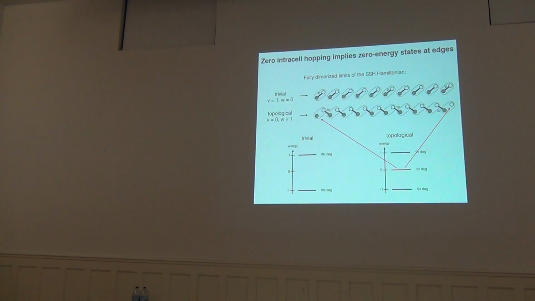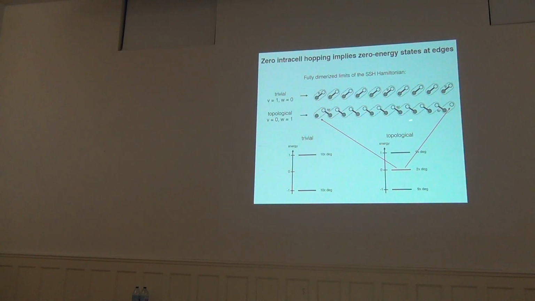On the other hand, if I go to the other limit, which I was calling topological for no reason beforehand, that means I set the intracell hopping to 0 and the intercell hopping to 1, then this is what I have. Again, the chain is separating into dimers almost everywhere. I'm circling the unit cells, but these dimers are inter-unit-cell objects, nevertheless just the same dimers as before.